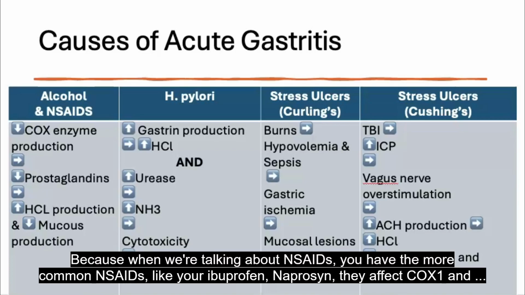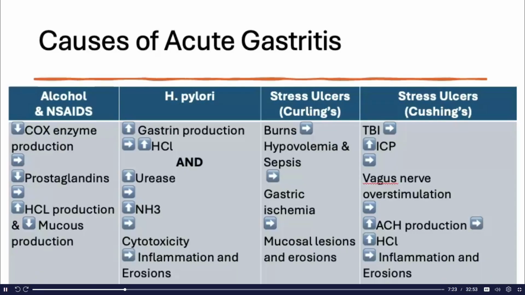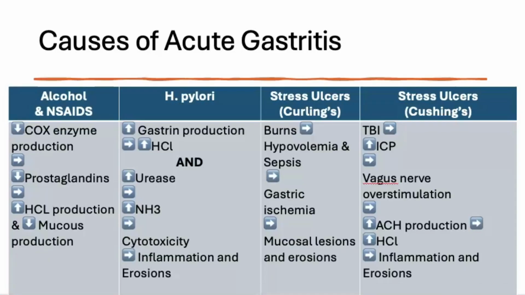Because when we're talking about NSAIDs, you have the more common NSAIDs like your ibuprofen, naproxen. They affect COX-1 and COX-2 enzymes, and aspirin is another big one. And those are referred to when they affect both. They're called non-selective NSAIDs.